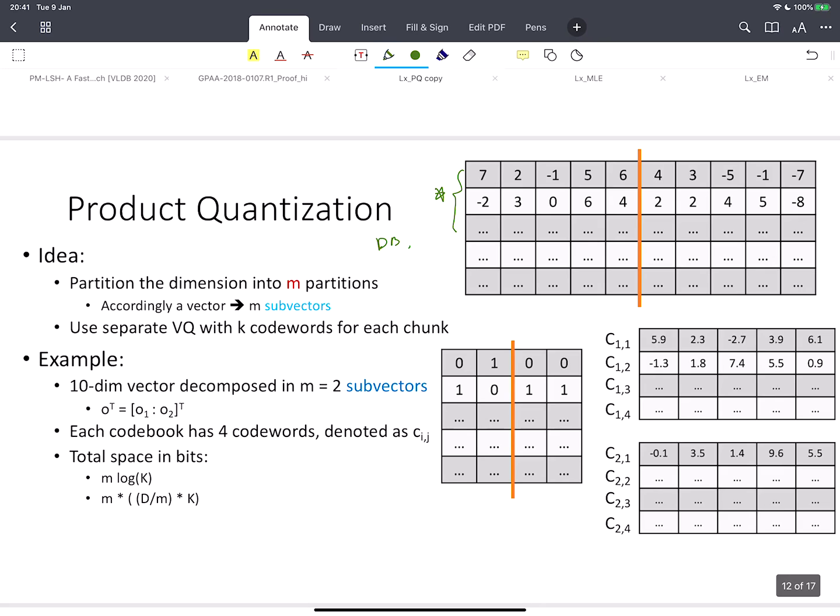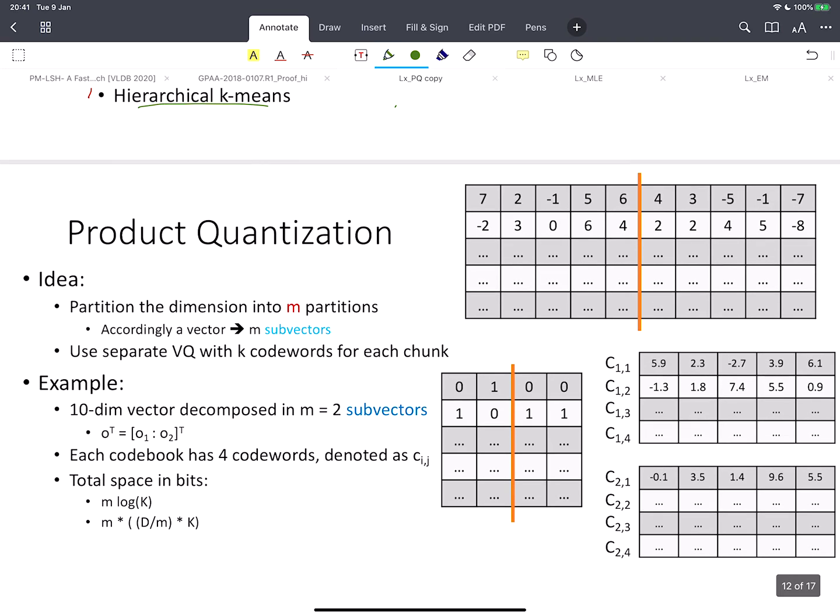So they are doing the partition on the rows, or on the data set. Now product quantization essentially does the partitioning on the dimensions. Let's say this is a 10-dimensional vector, and after partitioning, typically we end up with equal length partitions.